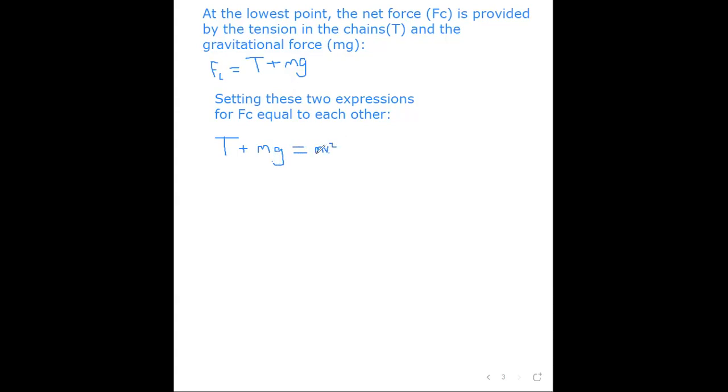Now we just solve for T. You can bring mg over to the right-hand side and have T is equal to mv squared over r minus mg.